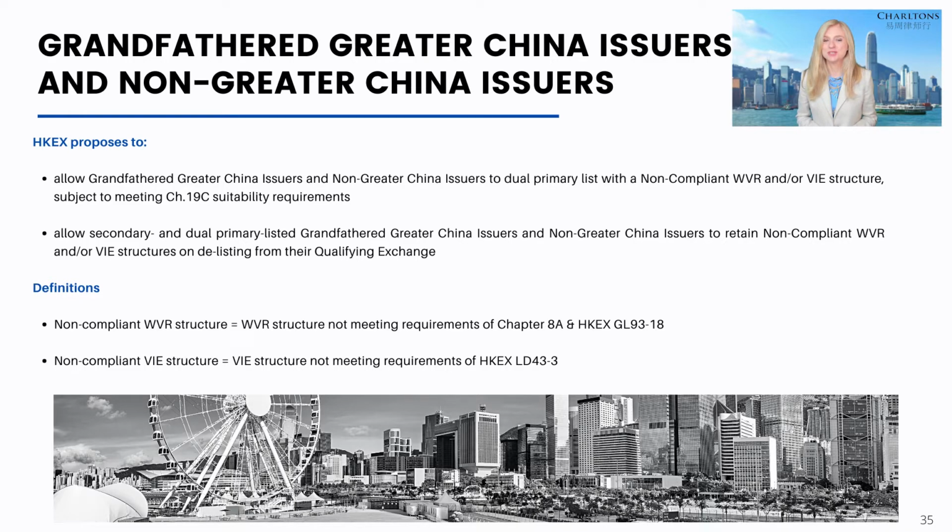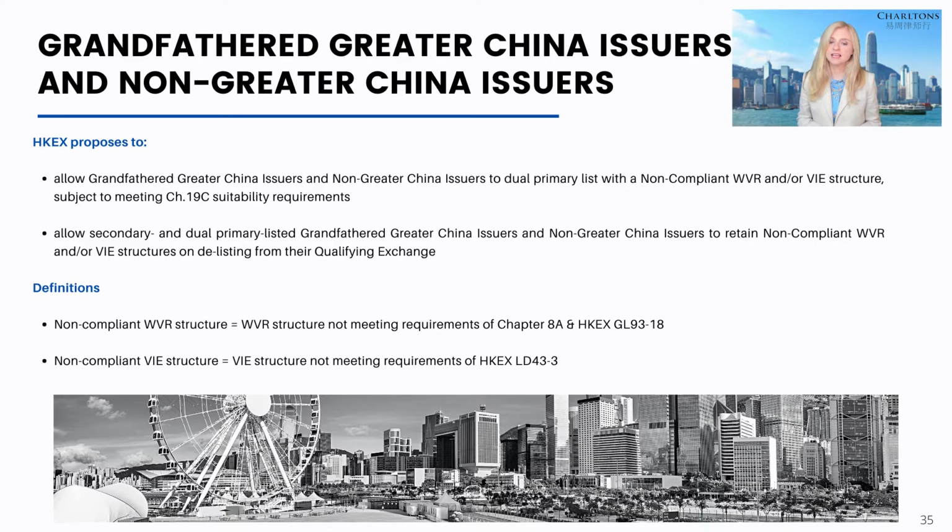Grandfathered Greater China issuers and non-Greater China issuers which secondary list on the exchange under Chapter 19C are exempt from Chapter 8A's requirements for weighted voting rights structures by virtue of Listing Rule 19C12 and for the requirements for VIE structures under the Exchange's Listing Decision 43.3. This means that grandfathered Greater China issuers and non-Greater China issuers can secondary list on the exchange while retaining a non-compliant weighted voting rights structure and/or VIE structure.